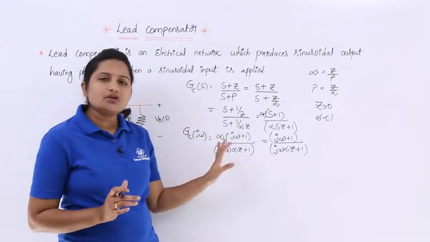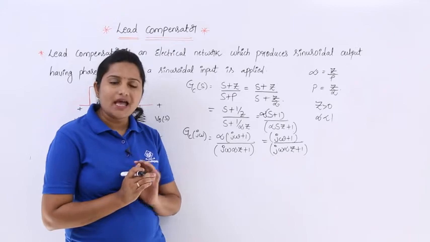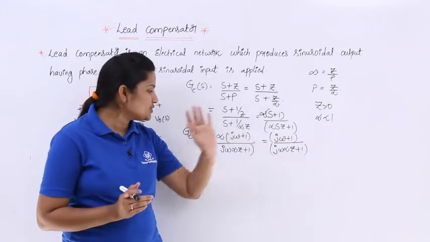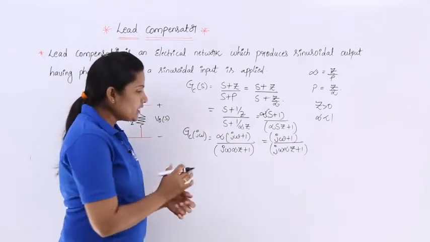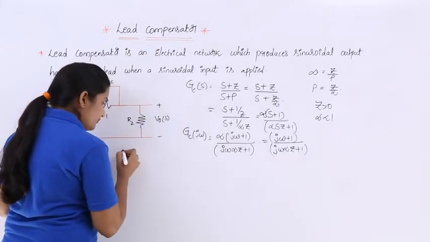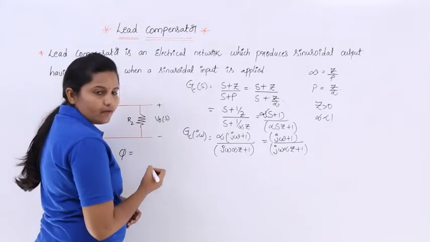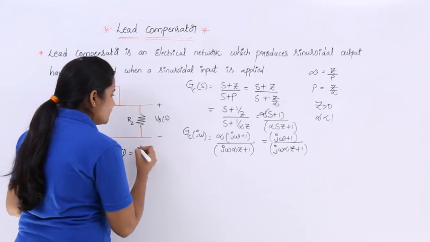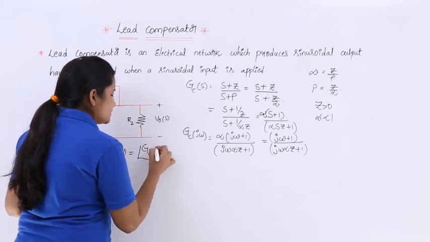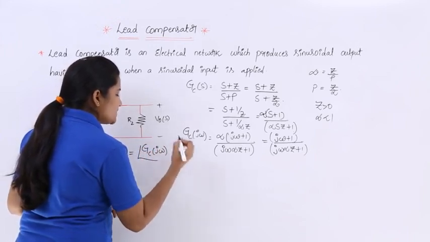Now, if I want to consider the angle of this Gc(j omega), the angle or phase of the compensator, phi is equivalent to the angle of Gc(j omega). This is the phase of the compensator.